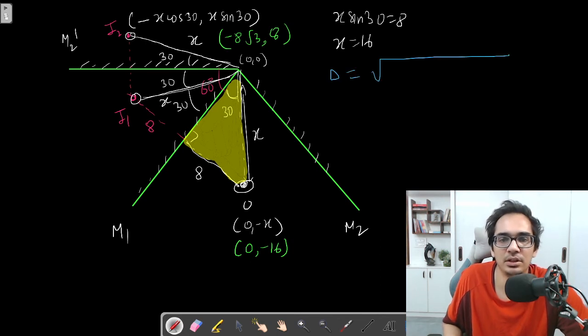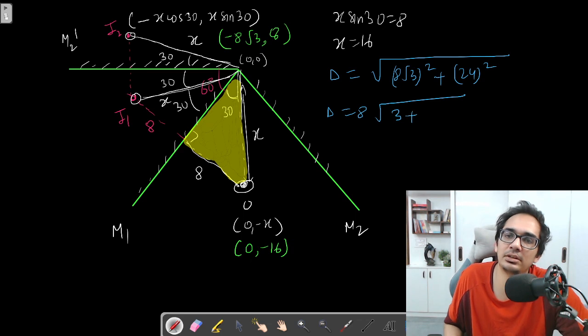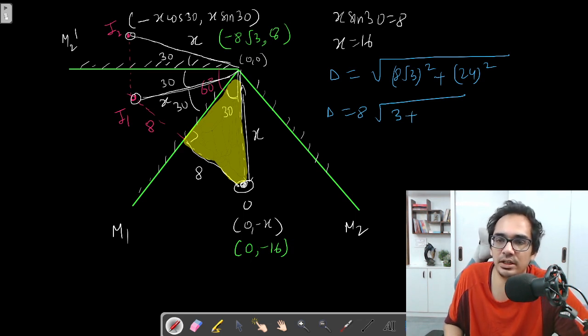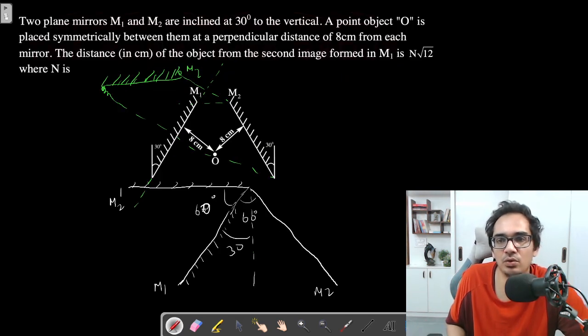The distance is the square root of x2 minus x1 squared, so this will be 8 root 3 squared plus 8 minus of minus 16, which is 24, squared. 8 we can take common. Then you will have root 3 squared is 3, plus 3 squared is 9. 9 plus 3 is 12. So this is 8 root 12. And in the question it was n root 12. So that means the value of n is equal to 8.